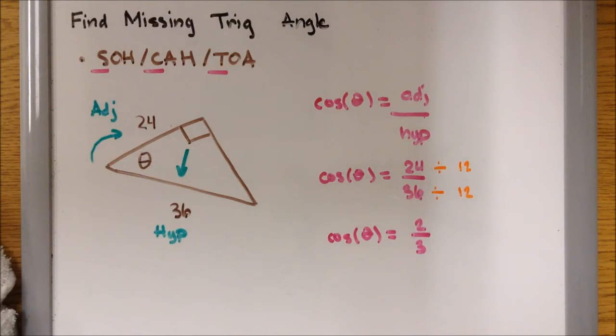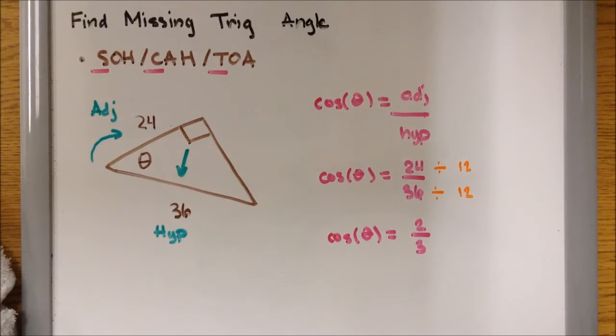Alright, now we're almost done. Since we are trying to find missing trig angle, we need to get the angle theta to be by itself. In this case, it's not because it has that cosine. So in order to get angle theta to be by itself, we're going to rewrite it using the inverse function.